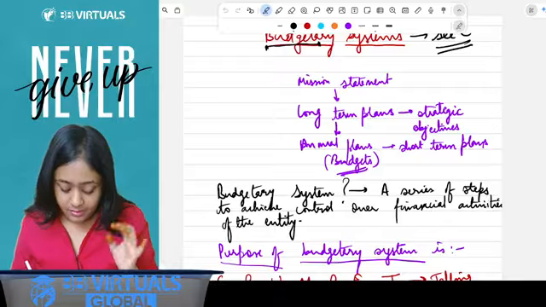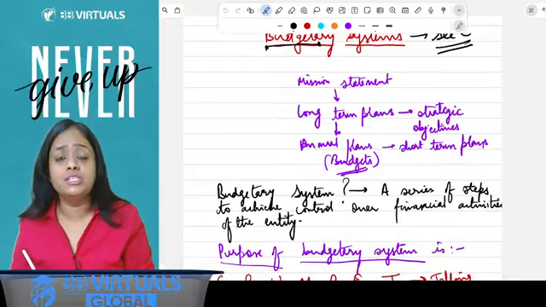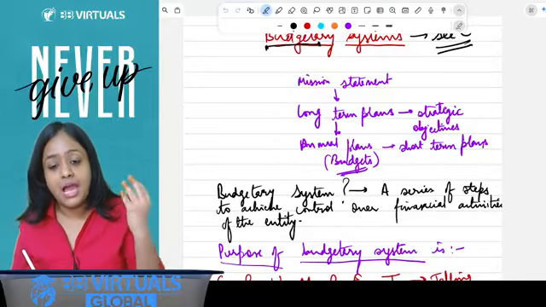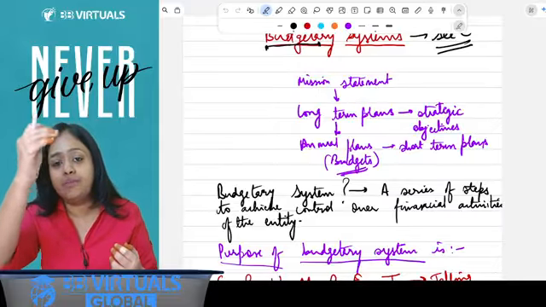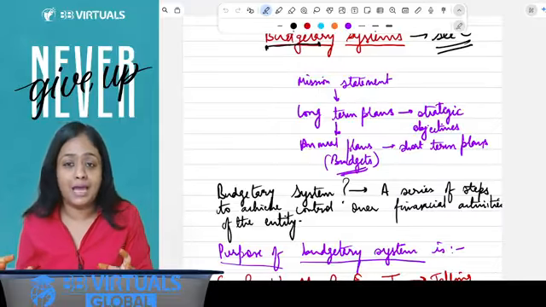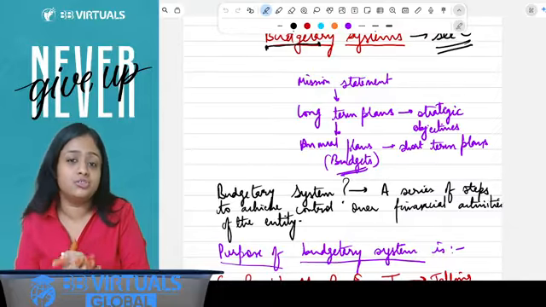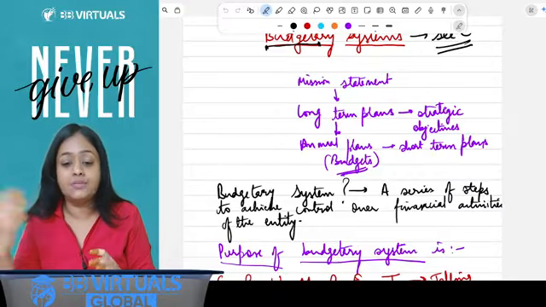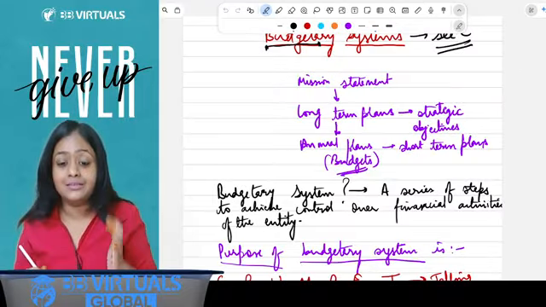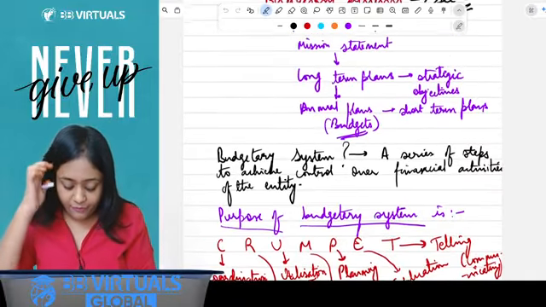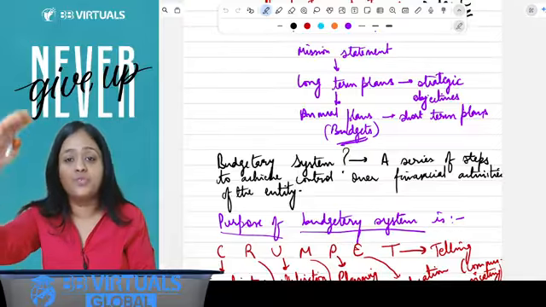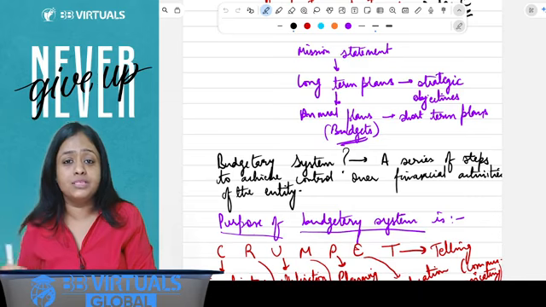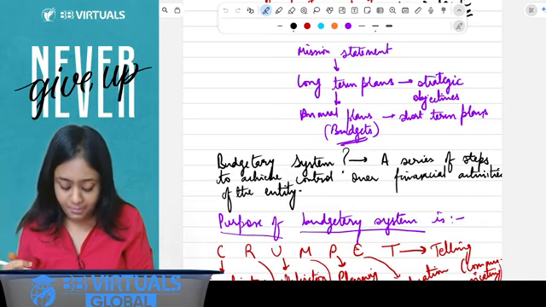Now, budgetary systems always talk about, typically, that every entity has a mission, and based on that mission we drill it down to the long-term plans, which are the strategic plans covering the strategic objectives of the company, based on which we create the annual plans that we call budgets. So budgets are like the third in this hierarchy. In fact, over mission there is a vision of the company as well, the overall aim of the company, that is why the company is in existence. So you can say step number 4 it is.